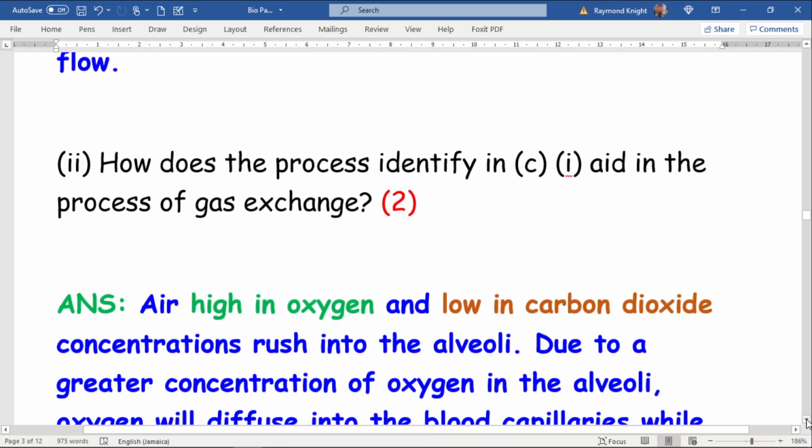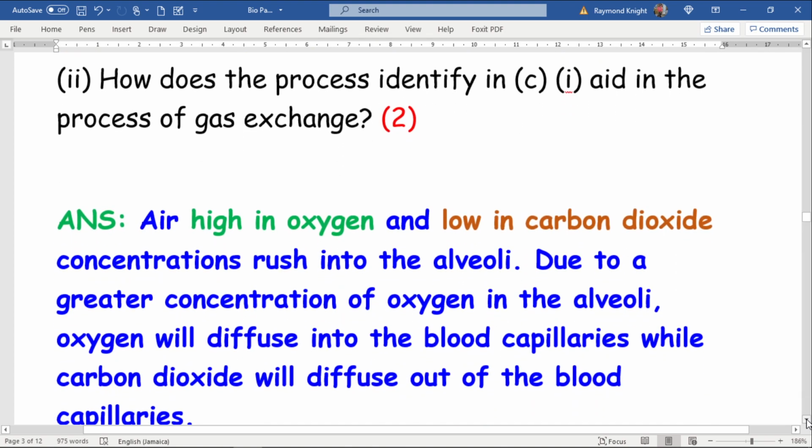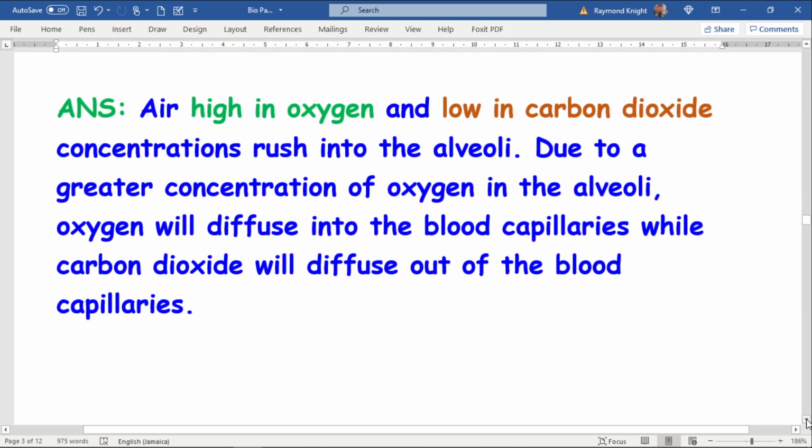All right, so part 2 of this now is: how does the process identified in C1 aid in the process of gas exchange? And this is the answer right now: the air coming in is higher in oxygen and low in carbon dioxide, in terms of their concentration.